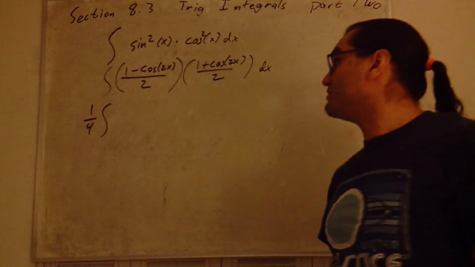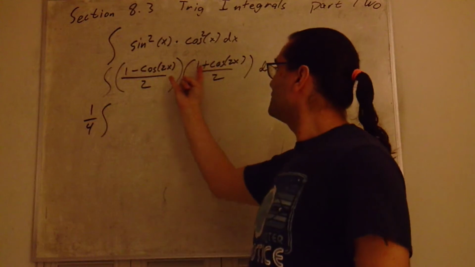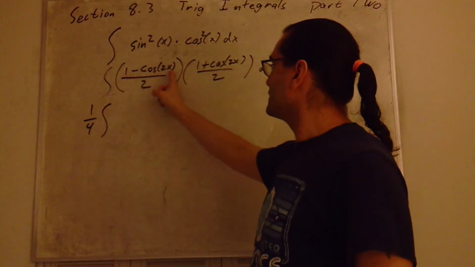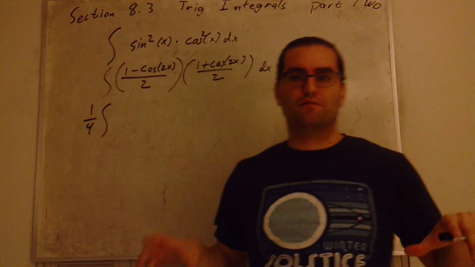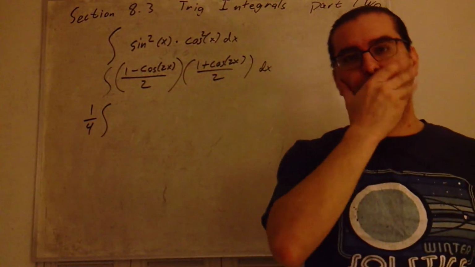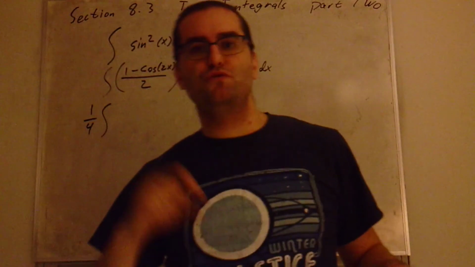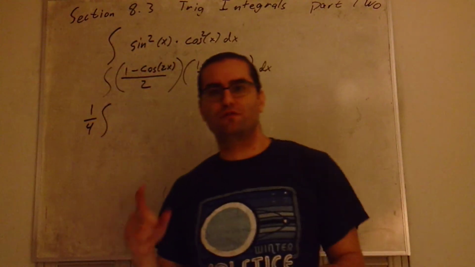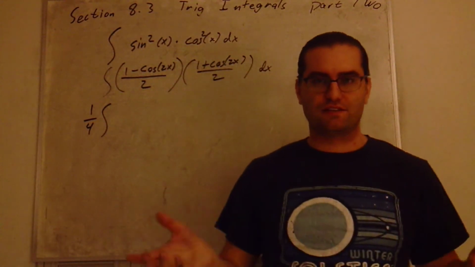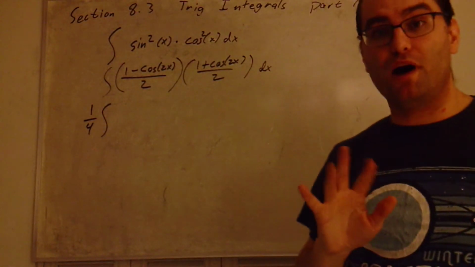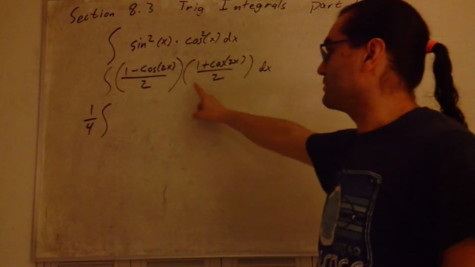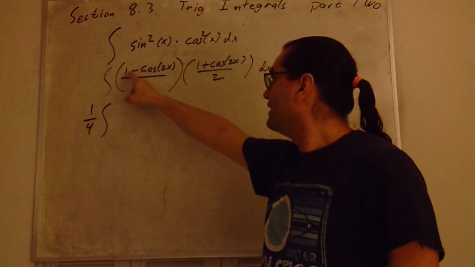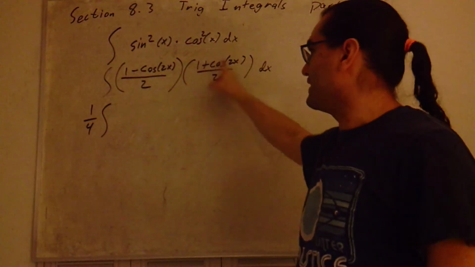The other thing I'm going to do is I should be foiling these things, 1 minus cosine of 2x and 1 plus cosine of 2x. That is the product of two binomials, so I should be doing FOIL, first, outside, inside, last. This should end up being 4 pieces. But I'm going to look at it closely and see that this is a plus b and a minus b.